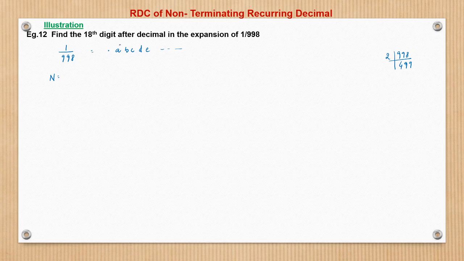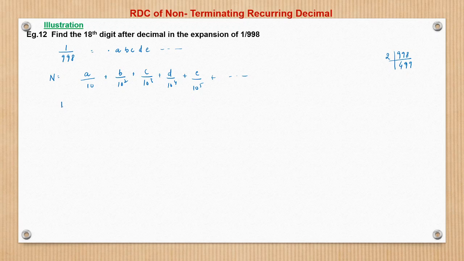Assume it repeats after a certain point. So n = a upon 10 plus b upon 10 squared plus c upon 10 cubed plus d upon 10 to the power 4 plus e upon 10 to the power 5, and so on. If we can identify the pattern and get the GP series, then the way we were converting any decimal into a fraction, we'll try to find a similar analogy here.